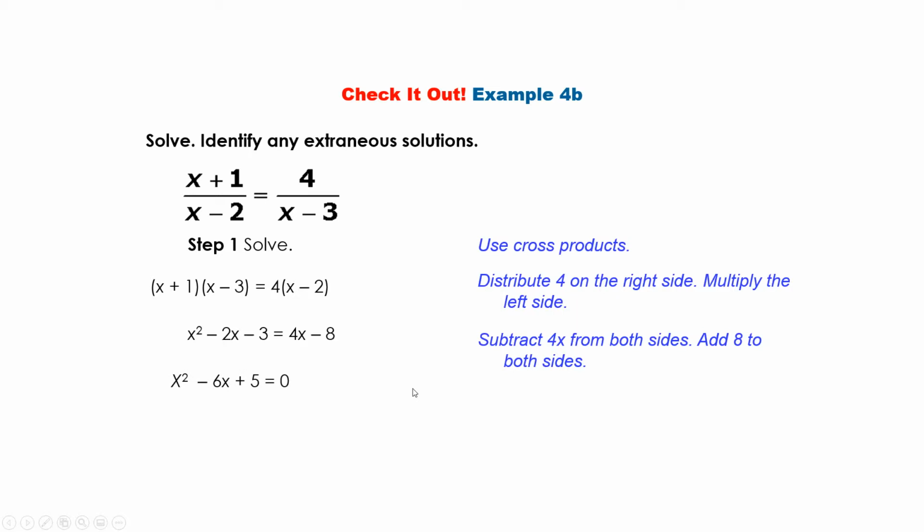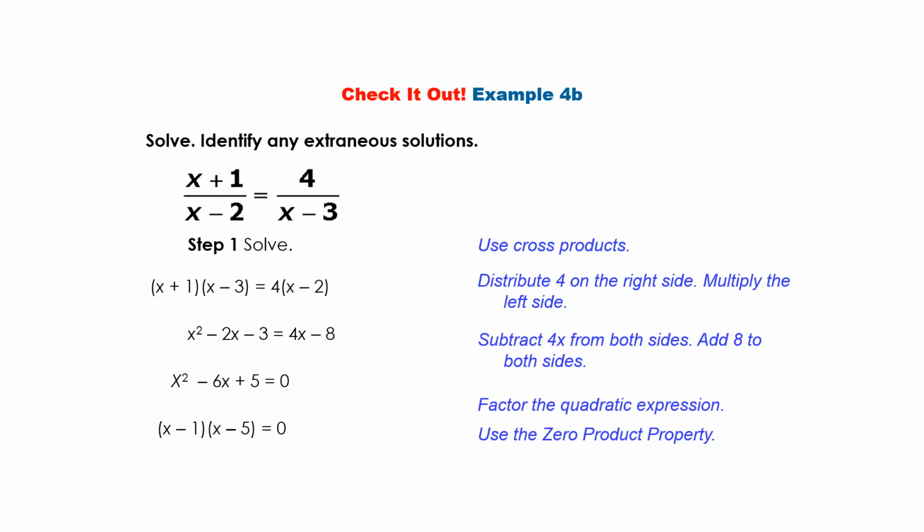So the left side becomes 0, and on the other side we have x squared minus 6x plus 5. Then factor it out. Then we use the zero product property. So in other words, the values of x could be 1 or 5. Now let's try to check whether these values are solutions or one of them is extraneous.